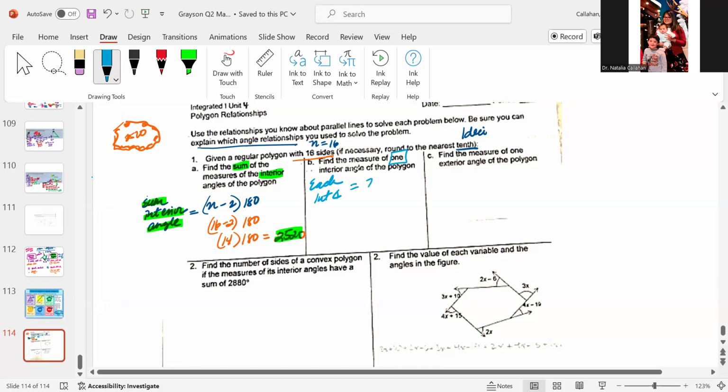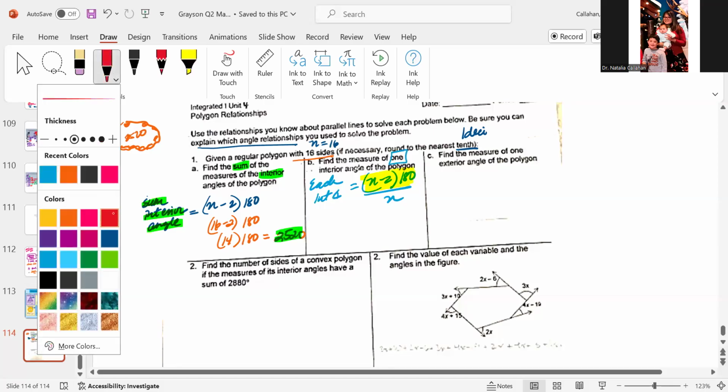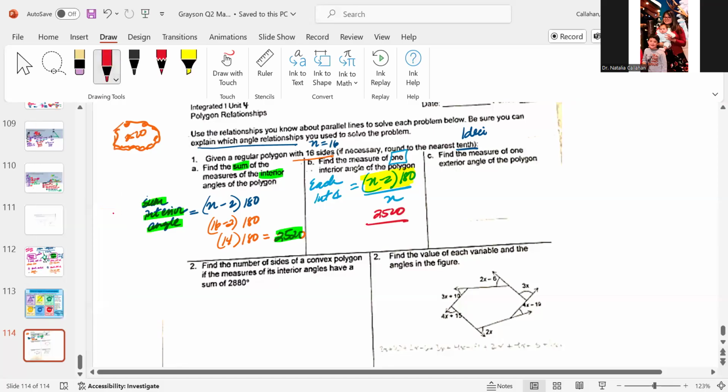N minus 2 times 180. Okay, now, didn't we just find the top part right there from the last question? Yeah, what was that answer? 2,520. Now divided by n.